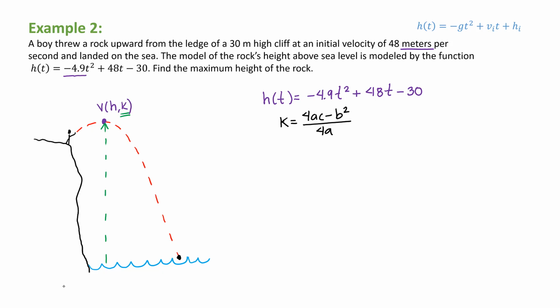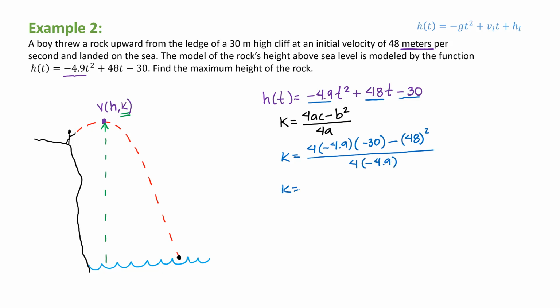Okay, let's now substitute our values. K equals 4 times a, minus 4.9, times c, minus 30, minus the square of b, 48, over 4 times a, minus 4.9.